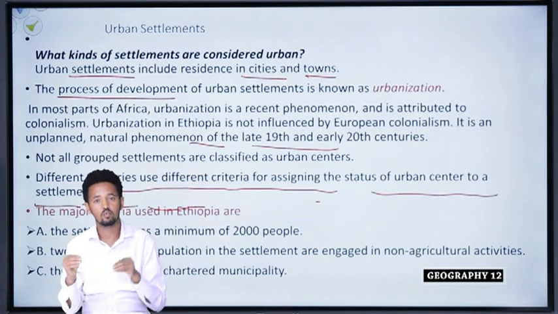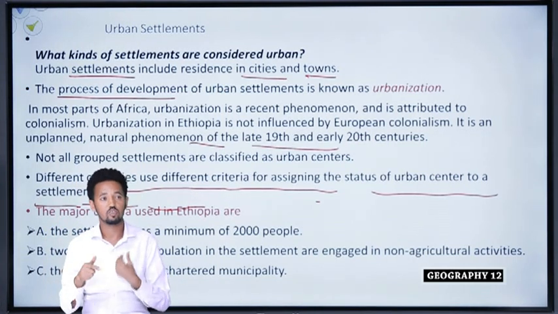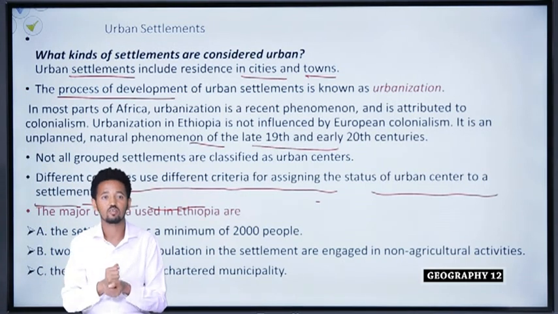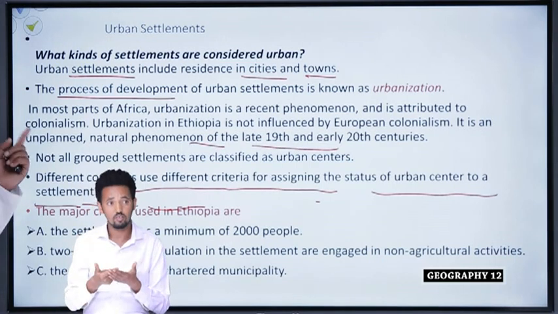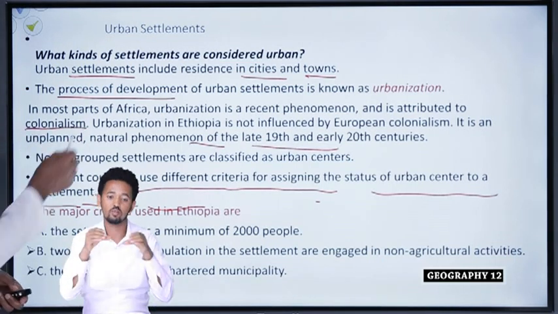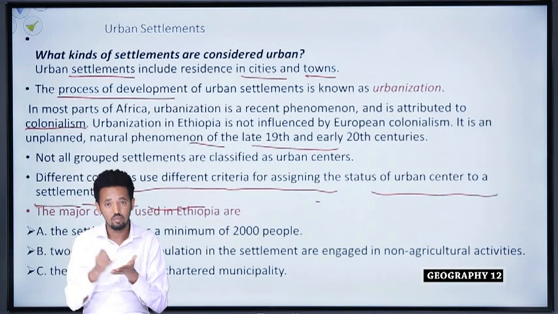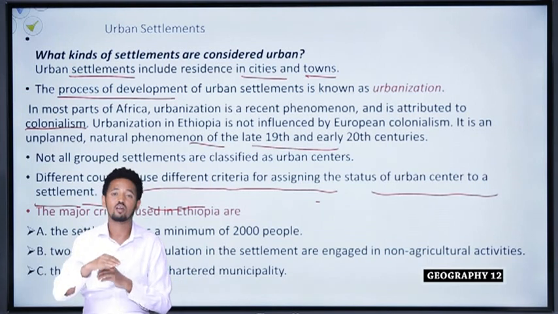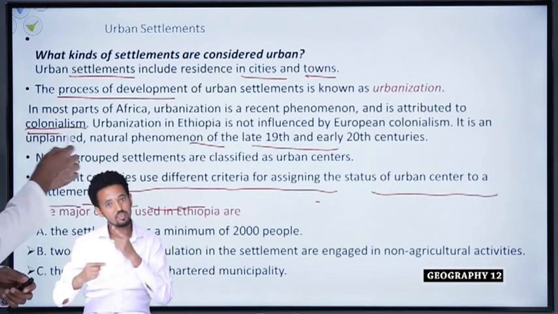Students, as you know, in most parts of Africa, urbanization is a recent phenomenon, and it's attributed to colonialism. That means the beginning of urbanization in Africa is related with the coming of colonizers.